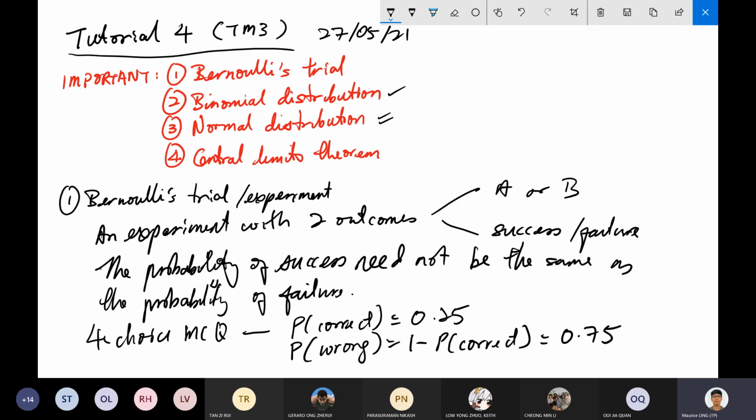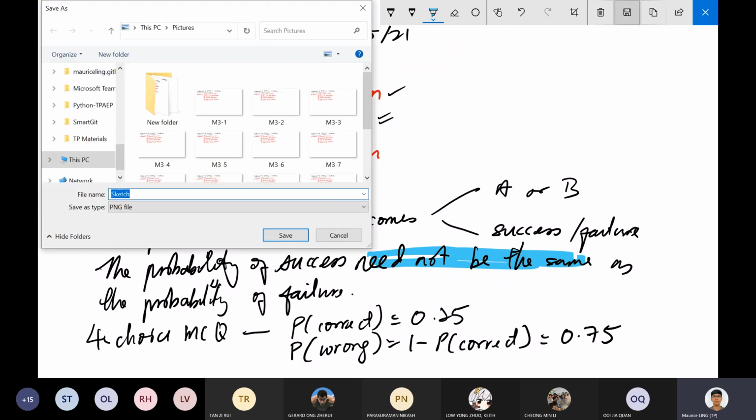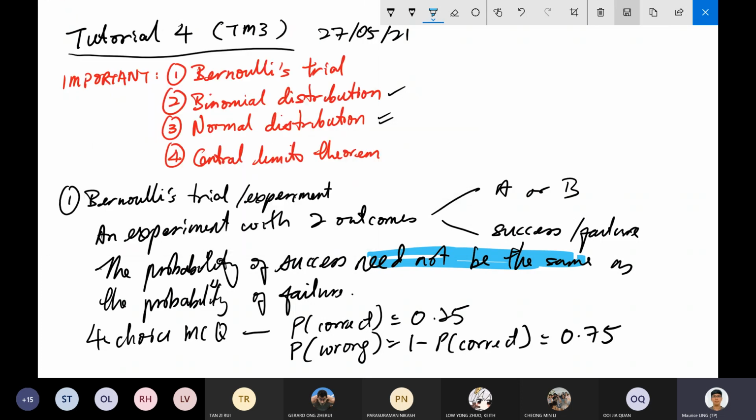So that covers Bernoulli trial, and very important, remember this part, it need not be the same. Okay, so let's save this. Save as 1. Now we have covered our Bernoulli trial.